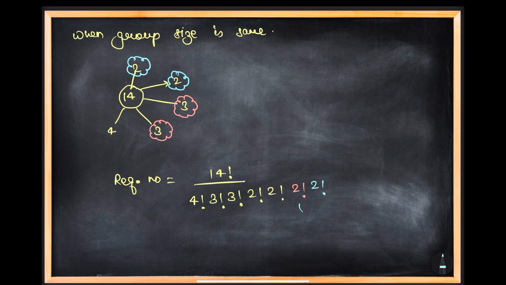These two extra factors arise because of repetition. If we have 3 times 3, we divide by 3 factorial. If we have 5 times 2, we divide by 2 factorial to the power 5. I hope now you can distribute things. When we solve some more illustrations, you will have better clarity.